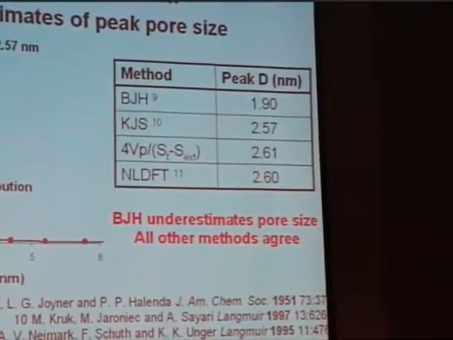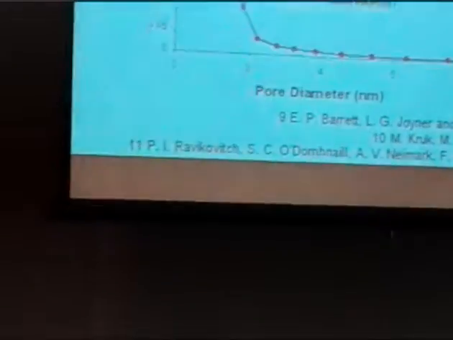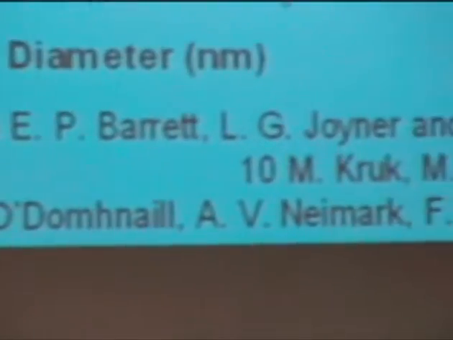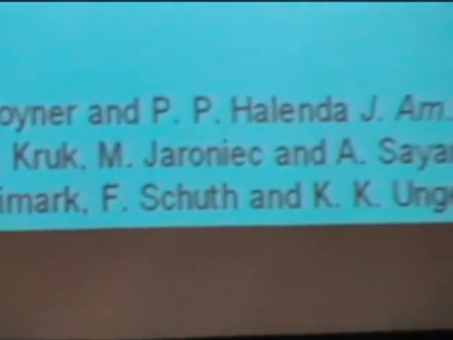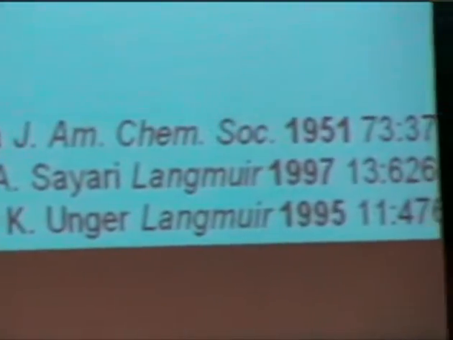Then to get information about the pore size distribution, we don't just use the BJH method because it's been shown to not be very accurate. I have a few references about this, but it turns out that you can get similar results if you use either a modified Kelvin equation to analyze the nitrogen adsorption data, or a nonlinear density functional theory approach, which is a simulation method.